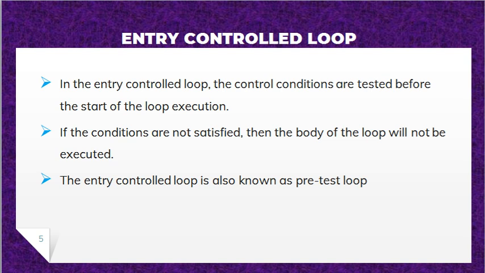So what do you mean by entry controlled loop? Here the condition will be checked at the entry of the loop. After checking the condition, if it is true, then only it will go to the body of the loop. If the conditions are not satisfied, then the body of the loop will not be executed.